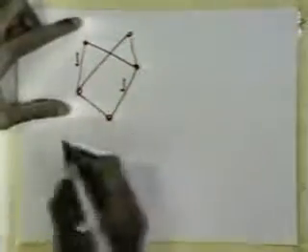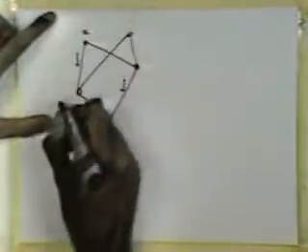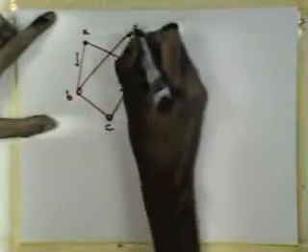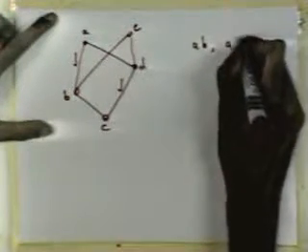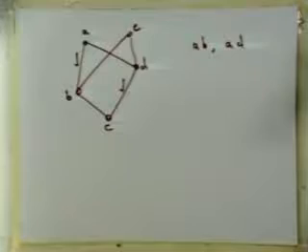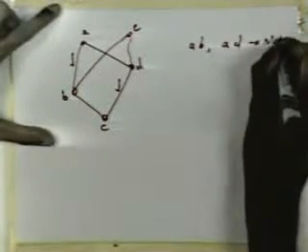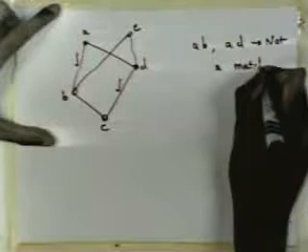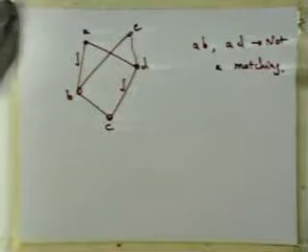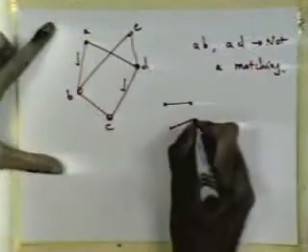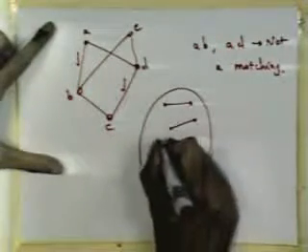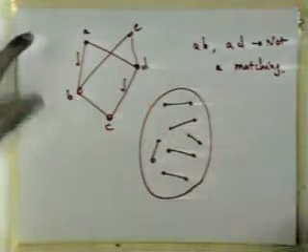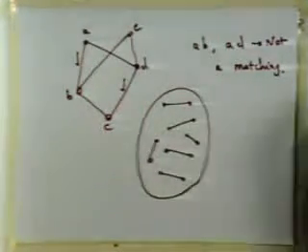Now, for instance, let me label these A, B, C, D, E. If I take AB and AD, these do not form a matching. Okay, this is not a matching. Essentially, you want a set of edges so that they look like this in a graph. They do not share an endpoint. Okay, this is what a matching is.